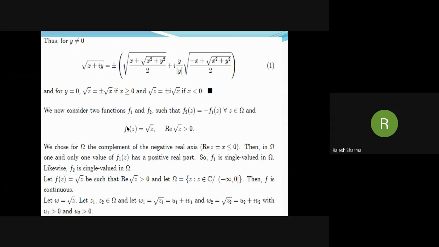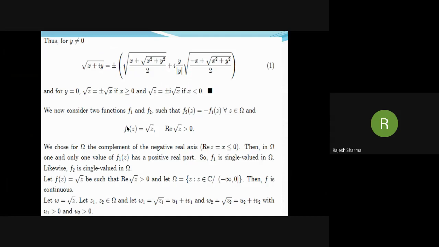Now, in order to discuss the continuity and differentiability of this function, we have to define the corresponding region omega. Note that on the negative real axis, that is when y is equal to 0, we have real part of root z equal to 0, which is not positive.